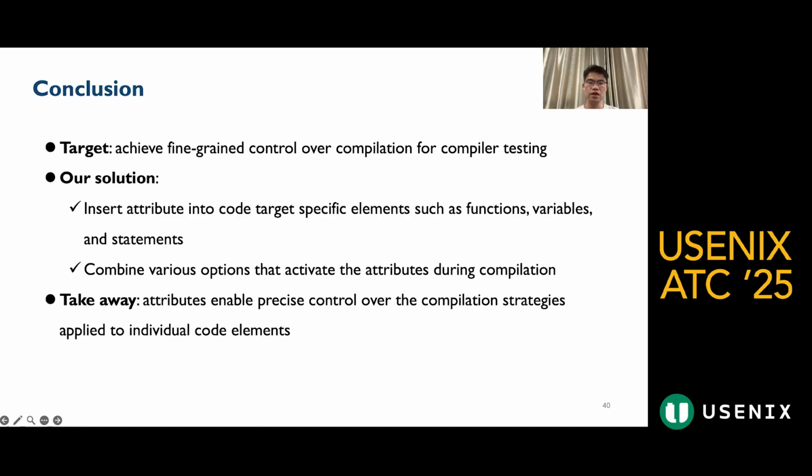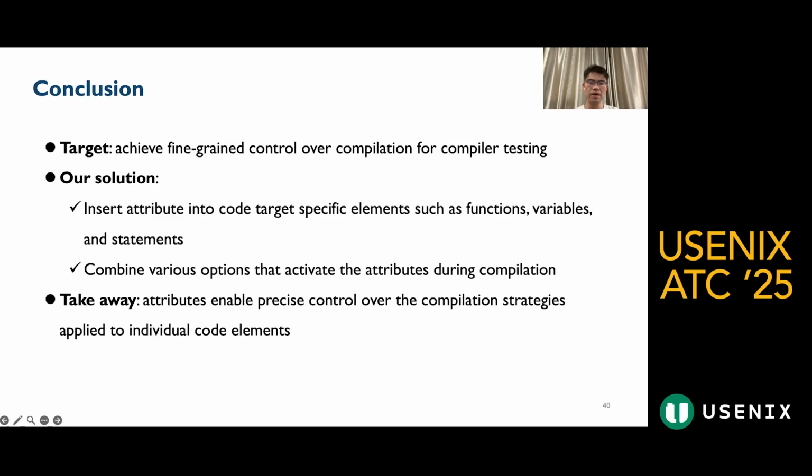In summary, our goal is to achieve fine-grained control over the compilation process for more effective compiler testing. To do this, we insert attributes into the code, targeting specific elements like functions, variables, and statements. This allows us to precisely influence how each part of the code is compiled.